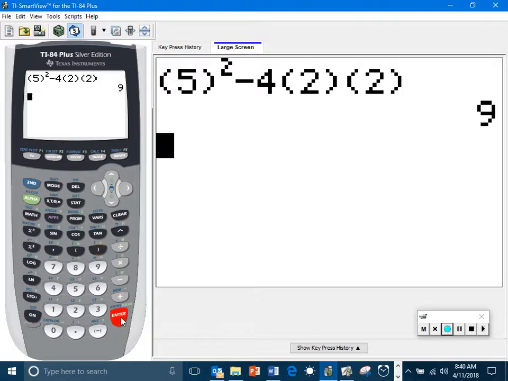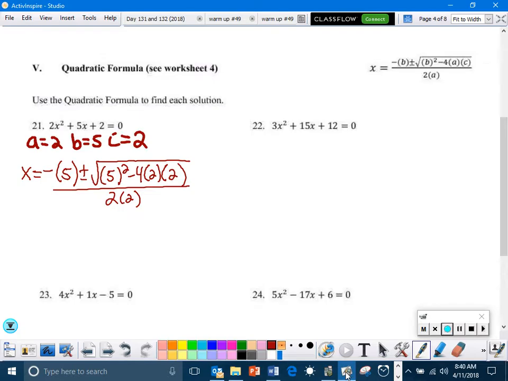So that becomes 9. And then the square root of 9 becomes a 3. Now there's two answers. One answer and then the other answer.